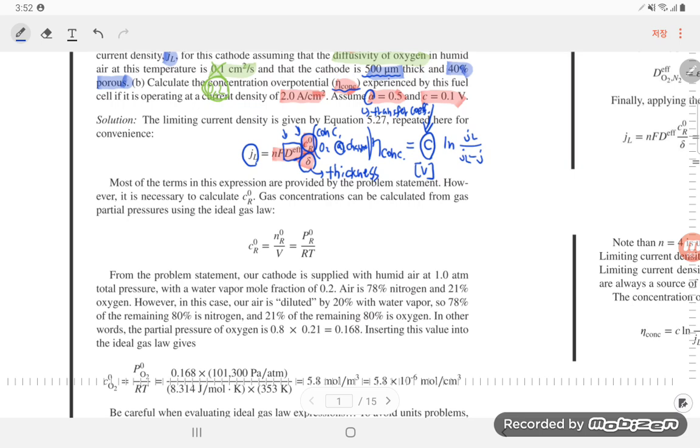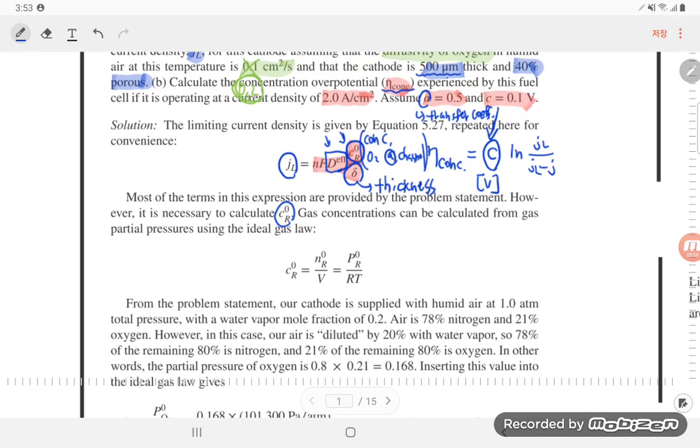Most of the terms in this expression are provided by the problem statement. However, it is necessary to calculate CR0. Gas concentration can be calculated from gas partial pressure, because the concentration is dependent on the pressure and temperature, since this is a gas.